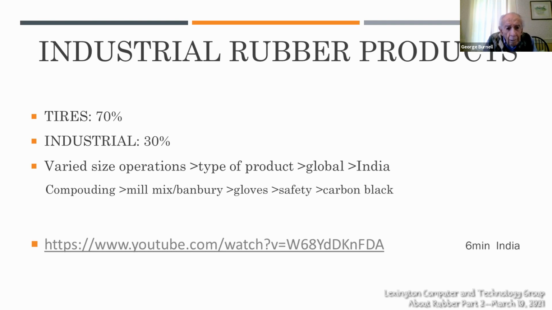So what we run into here is that in the tire business, except for the recycling and the retreading, the manufactured tires are made in huge plants. The industrial portion can be small plants. They can be as small as your house. But in order to produce the rubber, you have to do a few things.